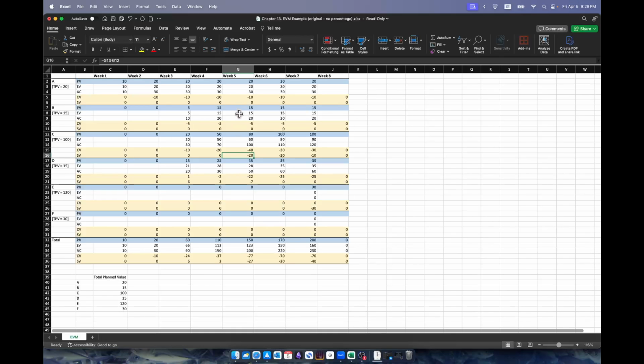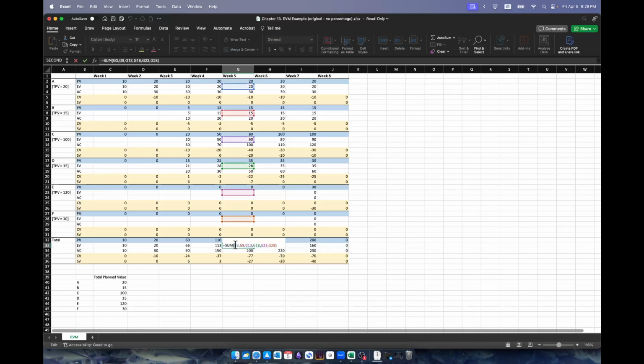Okay, so if you do all of them here, this is a summary for this particular project. Considering all the subtasks, you do this summary at the end of week 5. Where did you get 150? You basically added all of the planned value by the end of week 5. How did you get earned value 123?